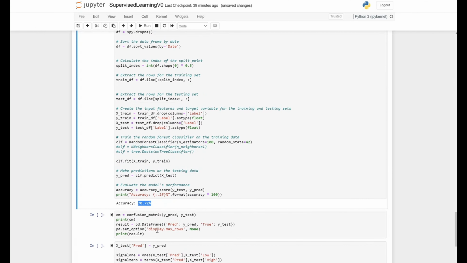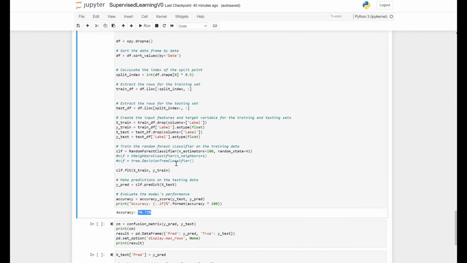What we need to do is calculate another measure, which is called the confusion matrix. This confusion matrix will give us way more insight into the performance of the supervised learning model that we trained.